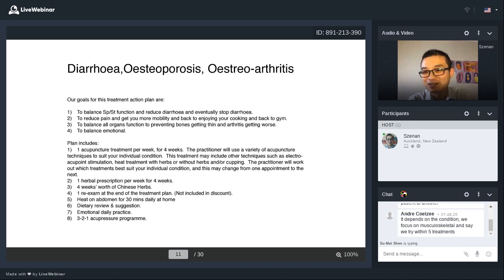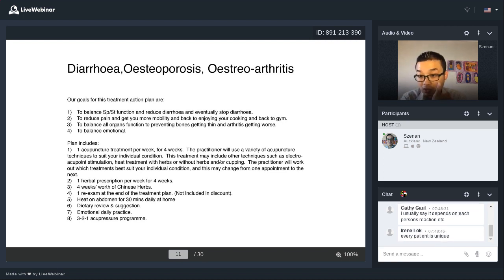So that's good. Healing process is different from one patient to another. Andrea says it depends on the condition. We focus on muscular, skeletal, and say we try within 5 treatments. That's a good answer.